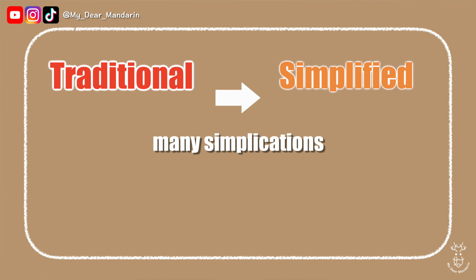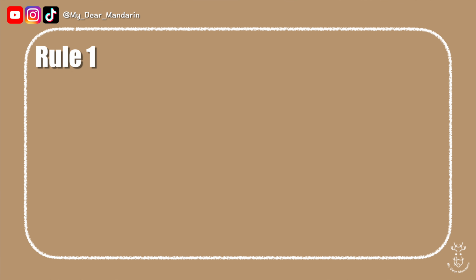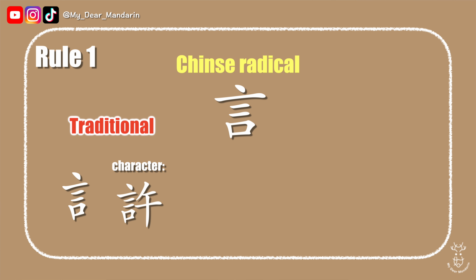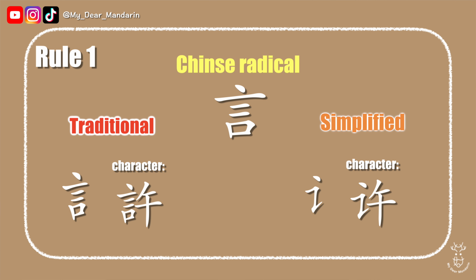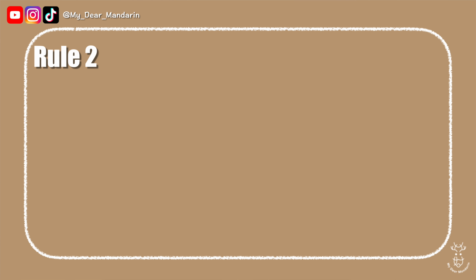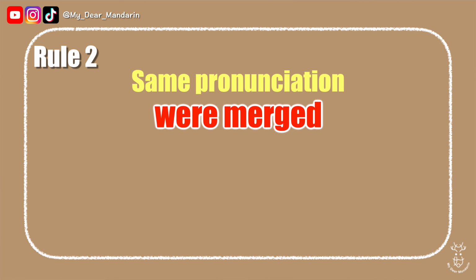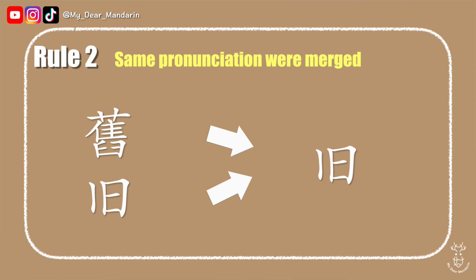And many simplifications have the same rules. For example, characters with the Chinese radical of Bian are like this in all the traditional Chinese characters with this radical, but this way in simplified characters. Some characters with the same pronunciation were merged, leaving the character with the simplest form.